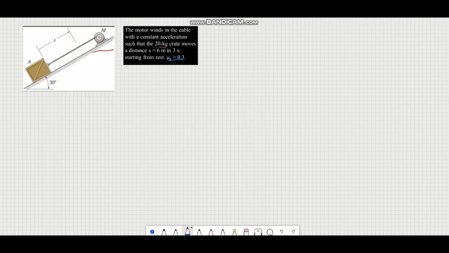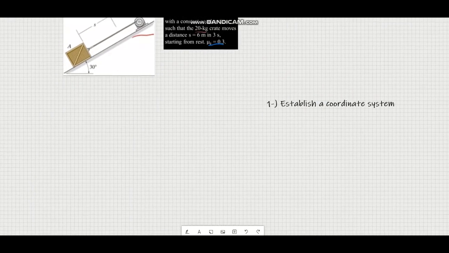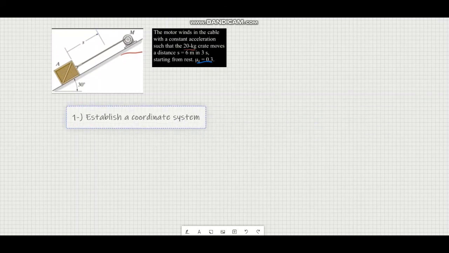What is our first step? The first one is to establish a coordinate system. First of all, we need to establish a coordinate system.